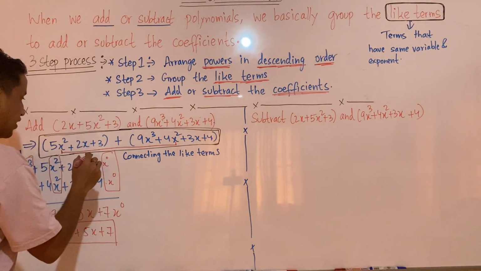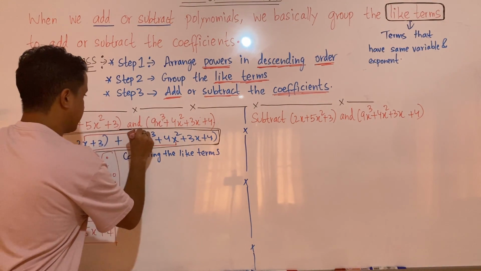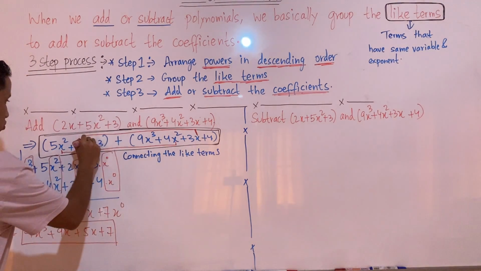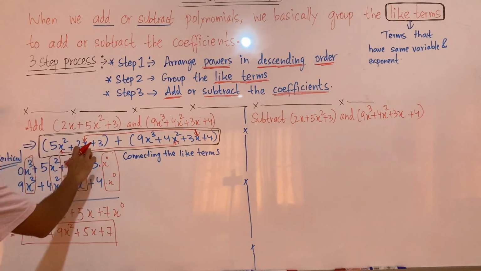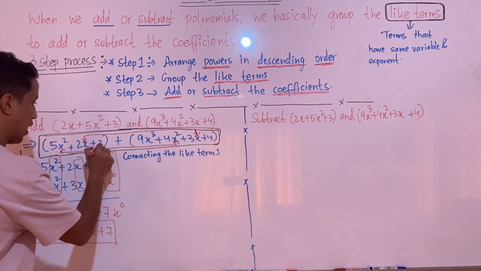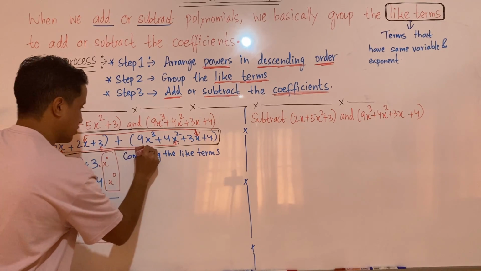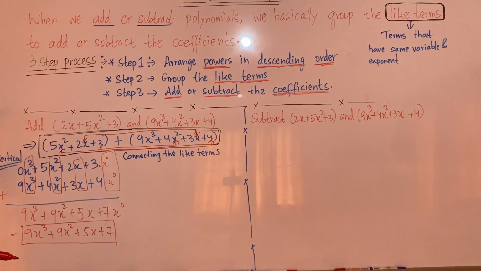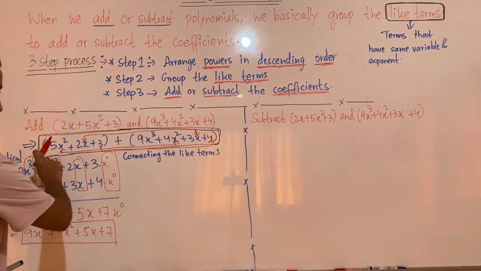This one 2x, I will connect it with the term that has x raised to the exponent 1. So this and this, this and this, and then 3 and 4. Why? Because they have the same variable and exponent x0. Okay, so now just do the plus.